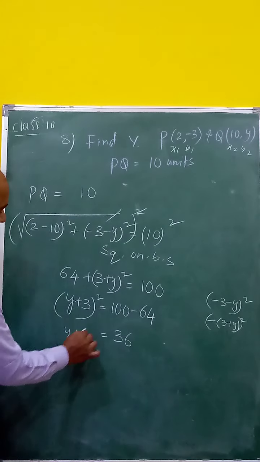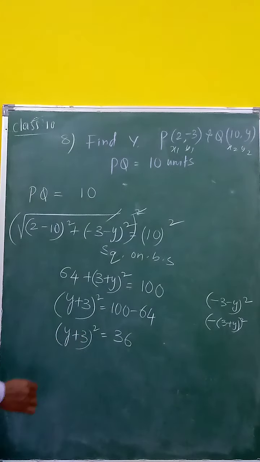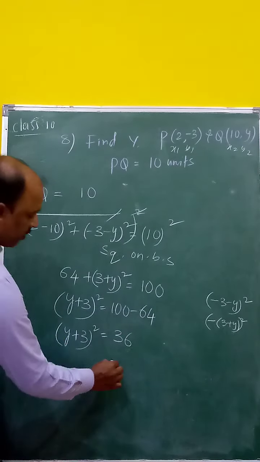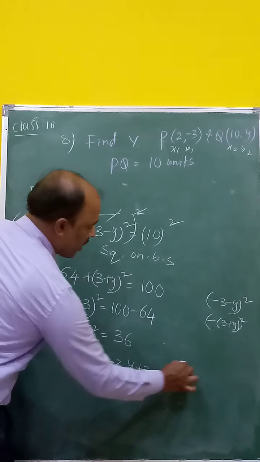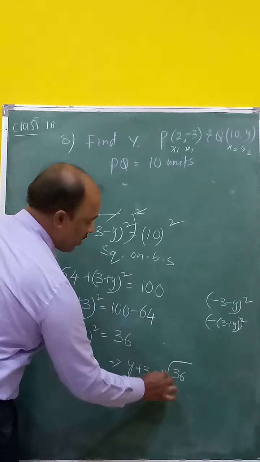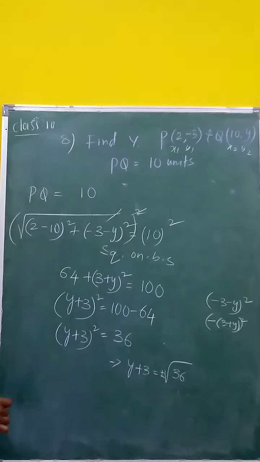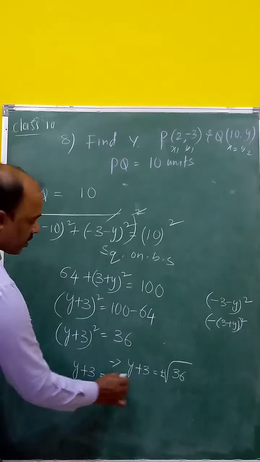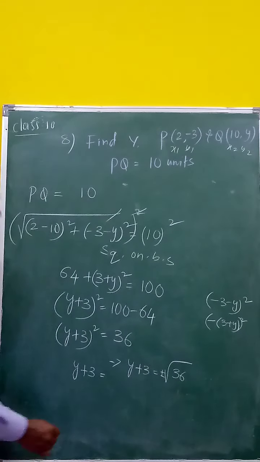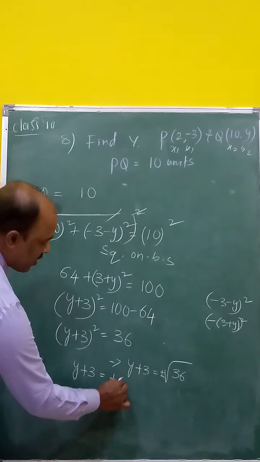Y plus 3 whole square is equal to 36. Now transpose the square to the right side. Then y plus 3 is equal to plus or minus root of 36, and root 36 we know is 6, so plus or minus 6.